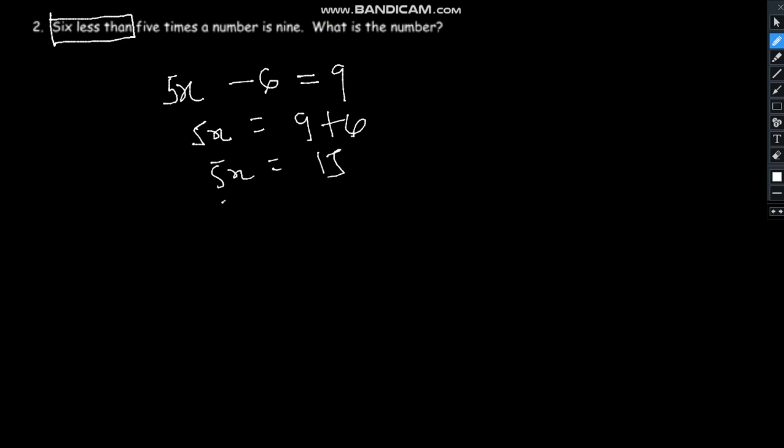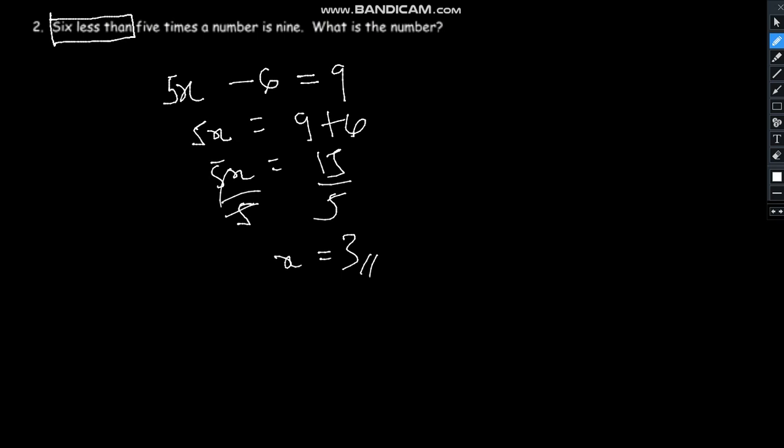So 6 less than will be minus 6. 5 times a number will be 5 times x, which is 5x. It's 9, so equals 9. Then you solve this. 5x equals 9, then you turn this back here, plus 6. So 5x will be equal to 15. Divide here by 5, divide here by 5. You get x equals 3.